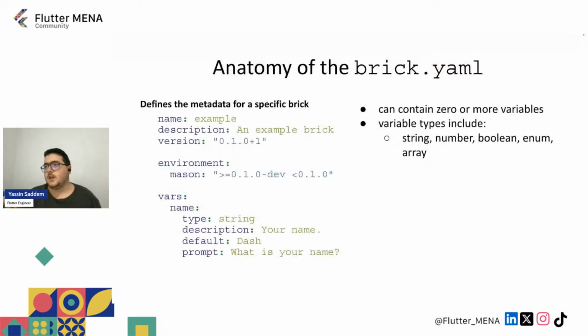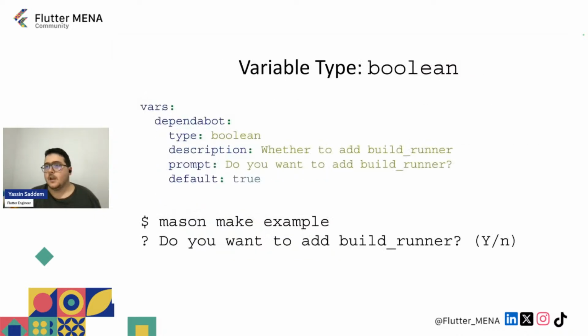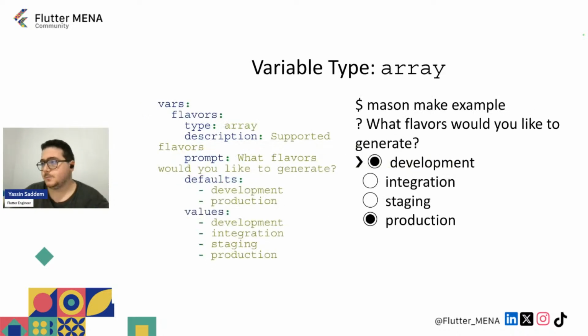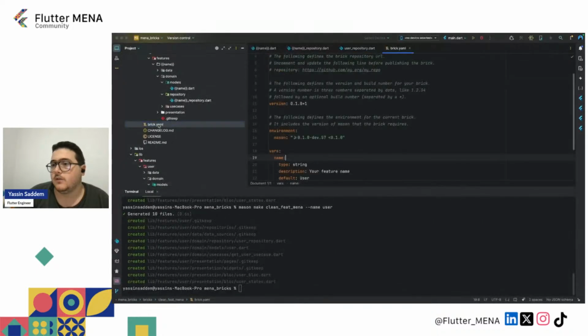So now let's see what types of variables I can enter when I use a brick. There is the string, the boolean, which is true or false, maybe integer, and there is the array type of variable. So here we are going to our brick.yaml file.